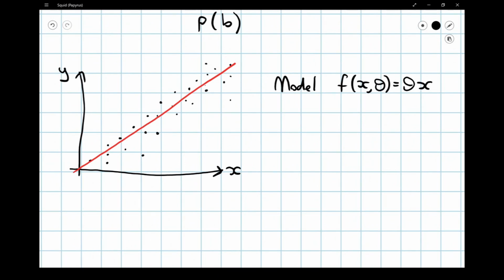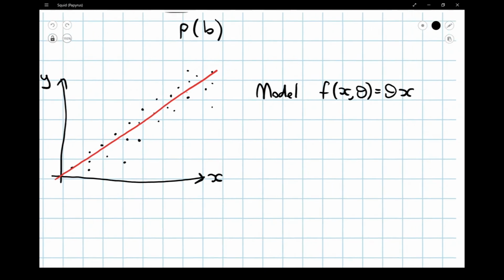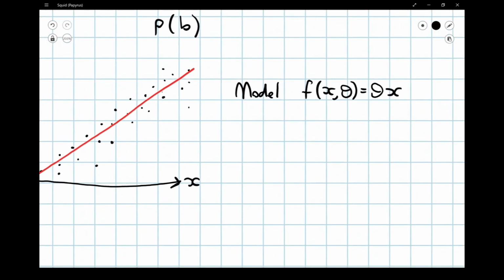Now I said earlier that we think we have a noisy sensor, and let's say that we have a pretty good idea of how noisy that sensor is. So let's say that we did some separate tests and we realised that the sensor has Gaussian noise. And that lets us specify a noise model.